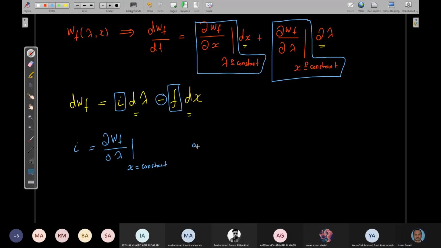And the most important thing that I'm seeking is the force. The force is equal to minus partial omega f by partial x when lambda is constant.